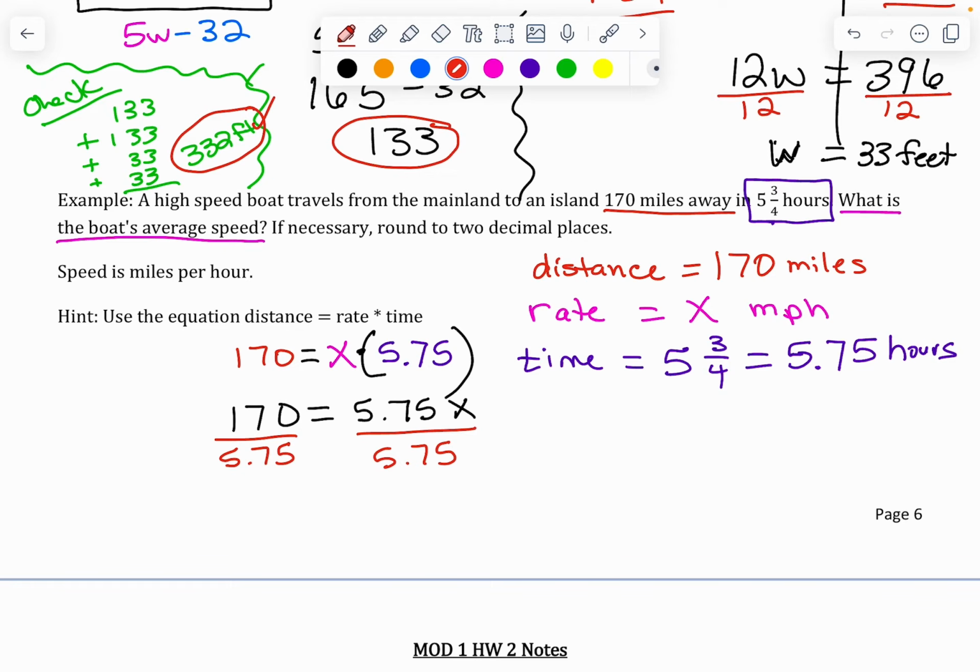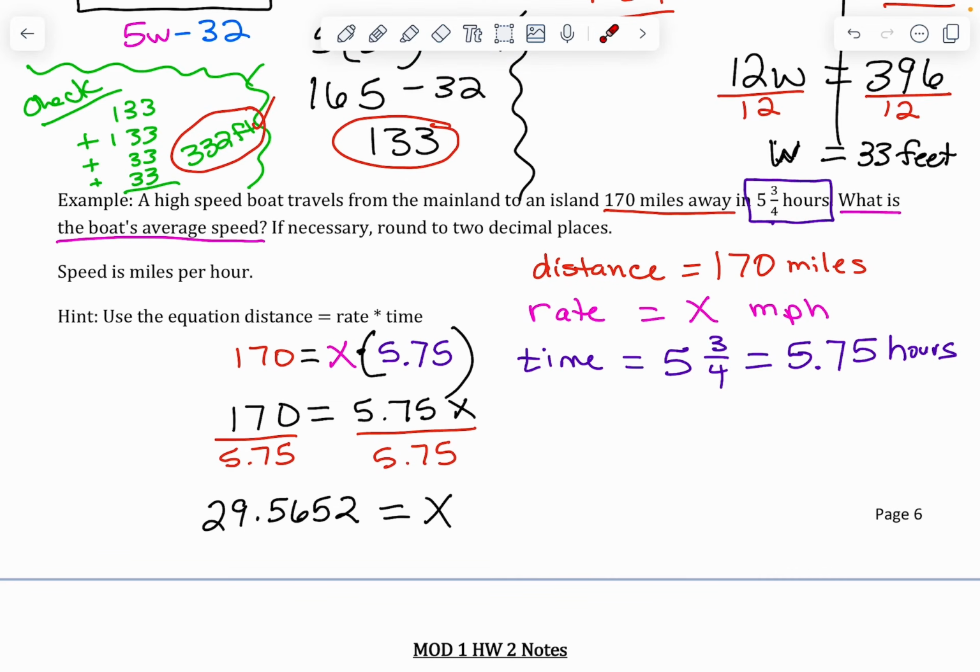Let me plug that in my calculator. And we get 29.5652 equals x. Now, the question does tell us that we want to round to 2 decimal places.